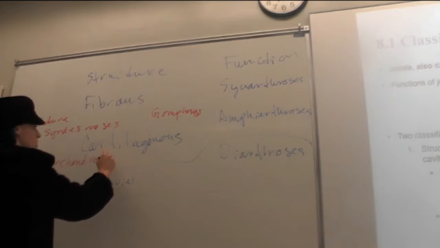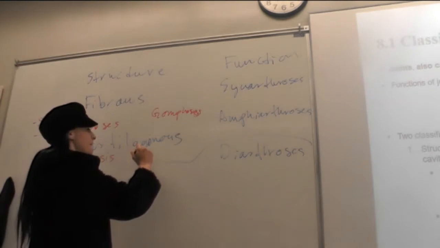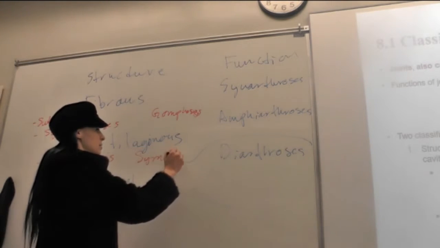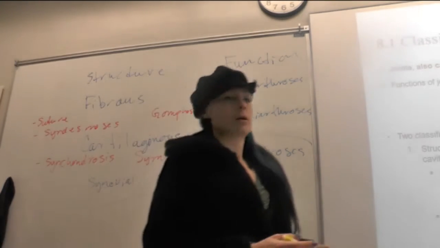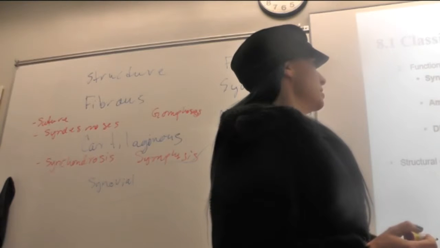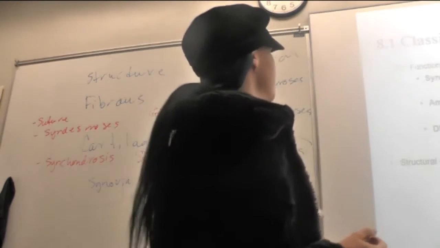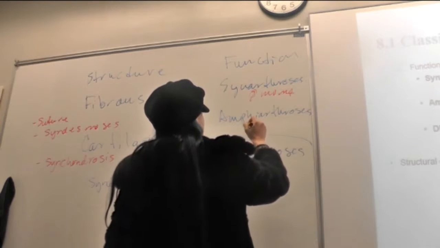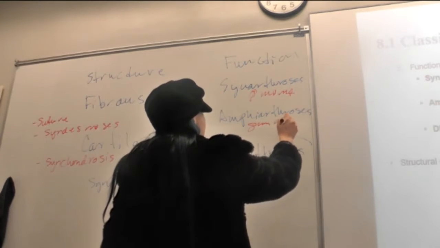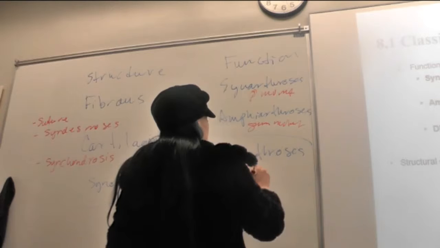Synchondrosis and symphysis. Okay, so let's talk about each of these then. The functional classifications. Synarthroses allow no movement. Amphiarthroses allow some movement. Diarthroses are freely movable.